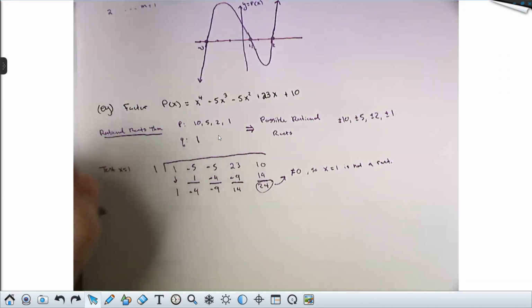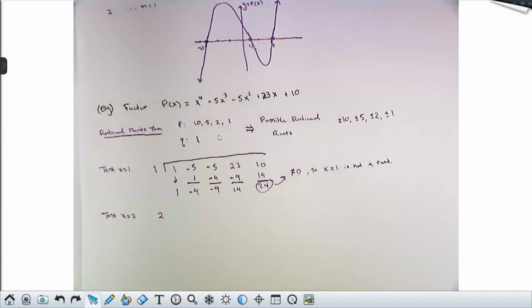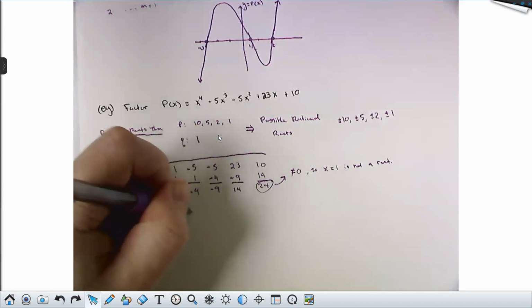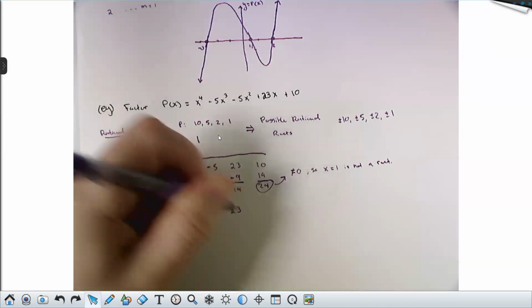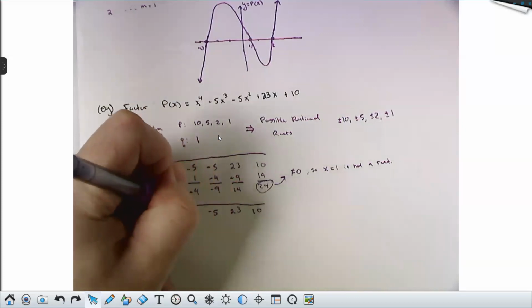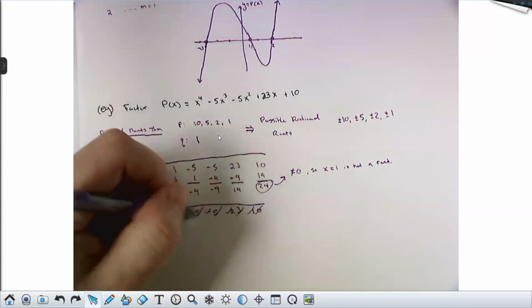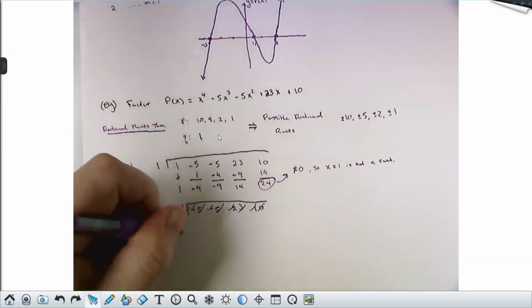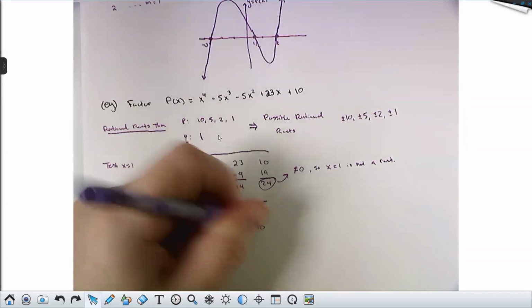All right. Well, what's the next thing I should try? Let's just try 2. So I write down my suspected root and the coefficients of p, which are 1, -5, -5, 23, and 10. And we try again. Sorry. 2, 1, -5, -5, 23, and 10.